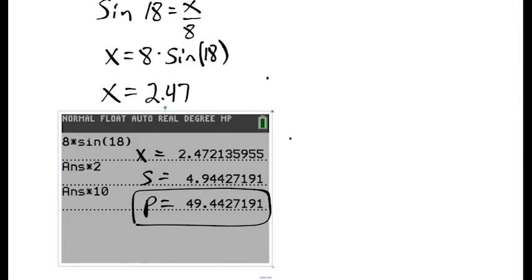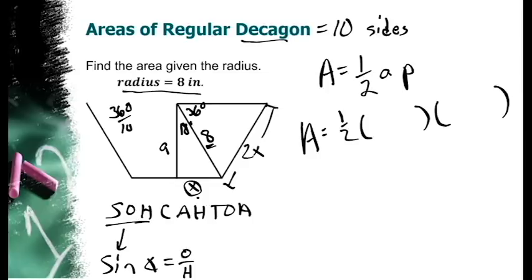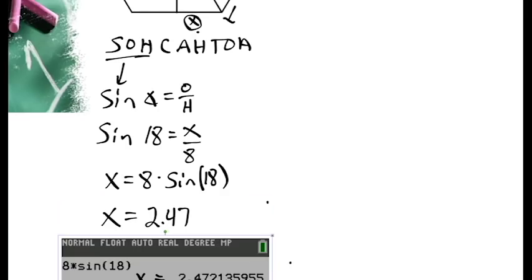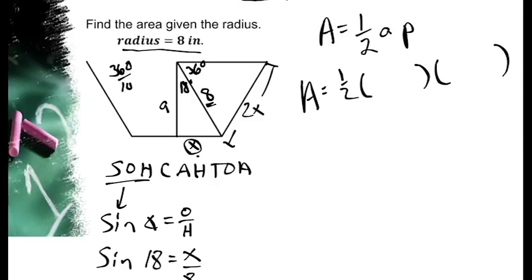The perimeter is what I want for my formula, so I'm going to go with 49.44.